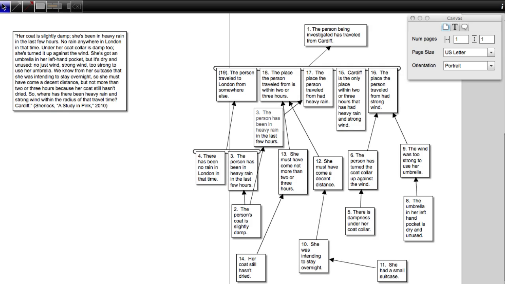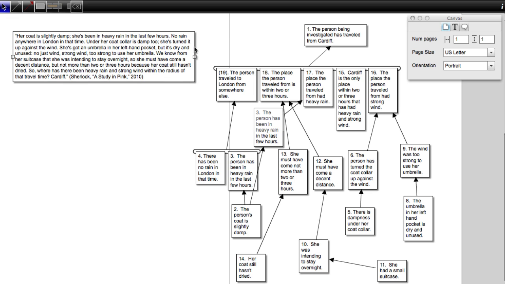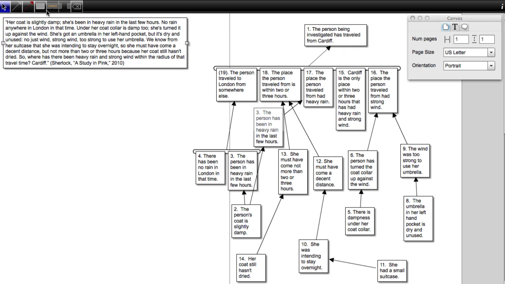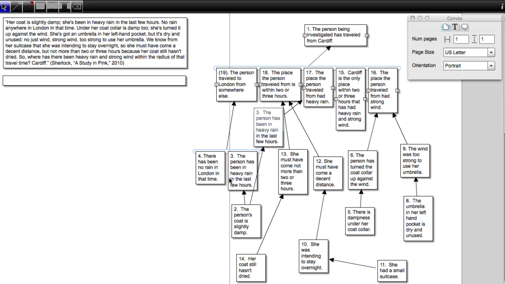Now I'm on example number 2, which turned out to be a little bit more complicated than we originally thought. So we have 19 premises, 18 premises. So we're going to need some room. I'm just going to make this a little bit smaller, a little wider so it takes up less space. I'm going to make a really big text box. I'm going to move this whole diagram just a tad to the right to give me a little bit more space.